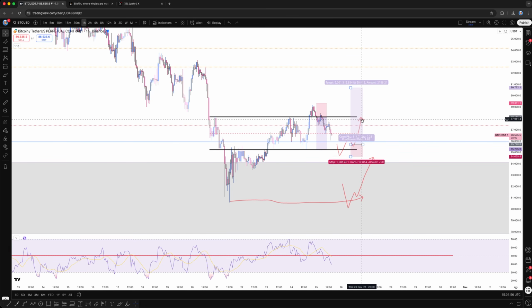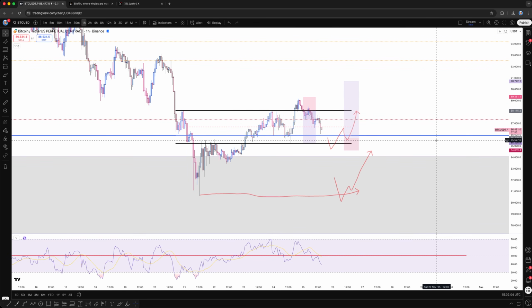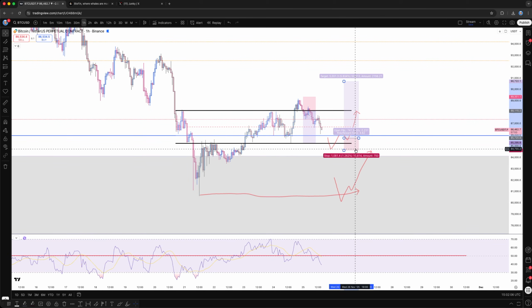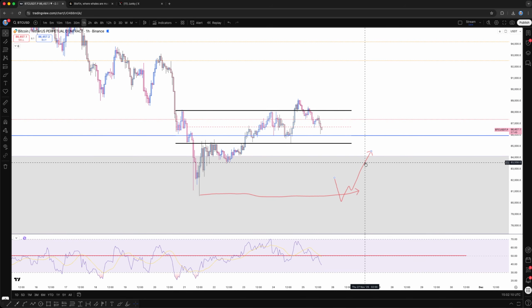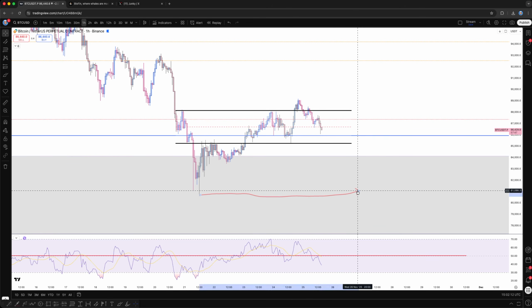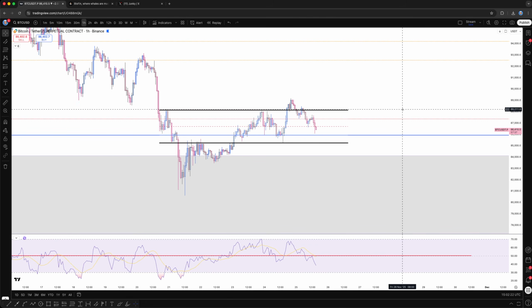Outside of this range, as I explained very clearly, as long as we range here, I will keep a range mentality. So the range boundaries, to make it more clear, if you cannot see clearly on the chart, are the ones formed Monday and on Sunday, 88k and 85k. As long as we stay between these levels, I will have a range mentality.